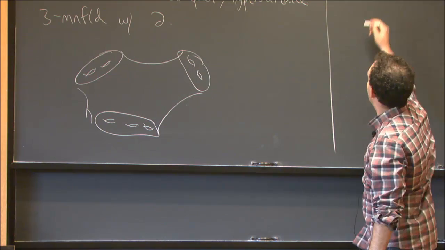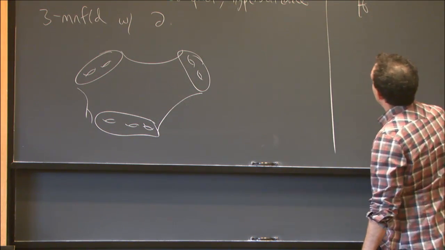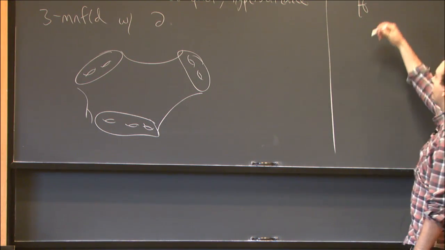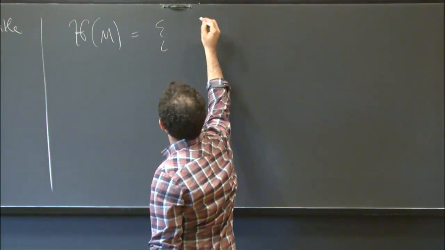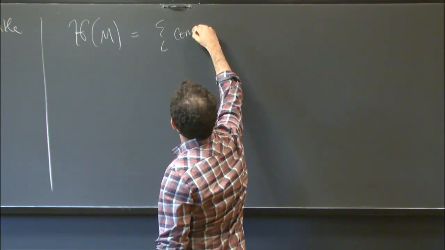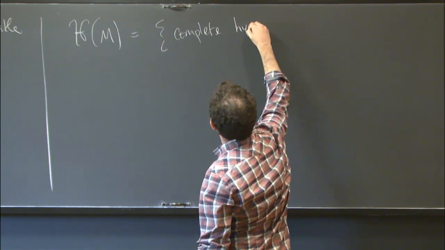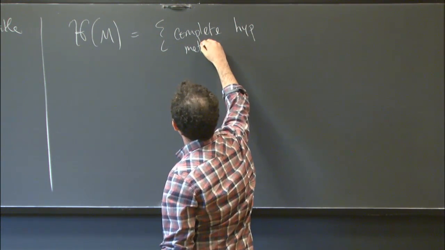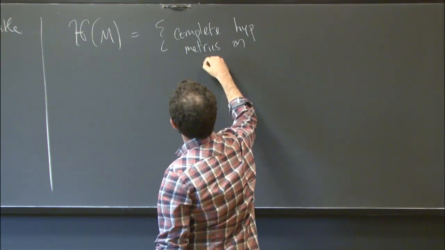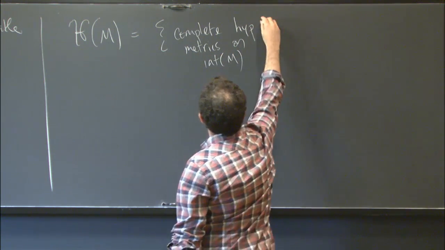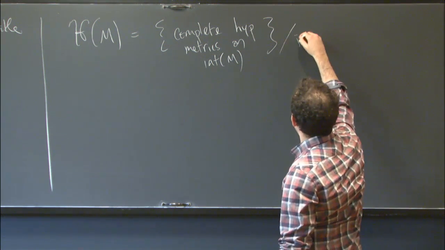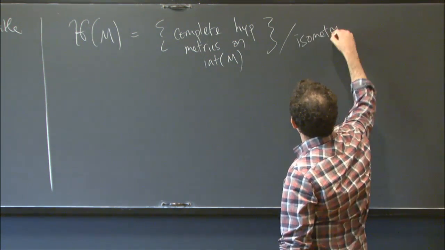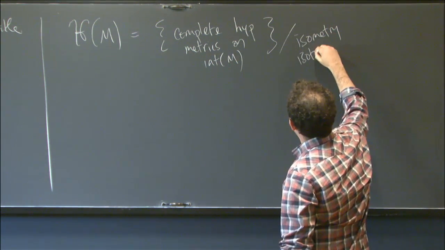the interior of M. So just for this preliminary exposition, let's set H of M to be the set of all complete hyperbolic metrics on the interior of M, and let's consider them up to isometry isotopic to the identity.